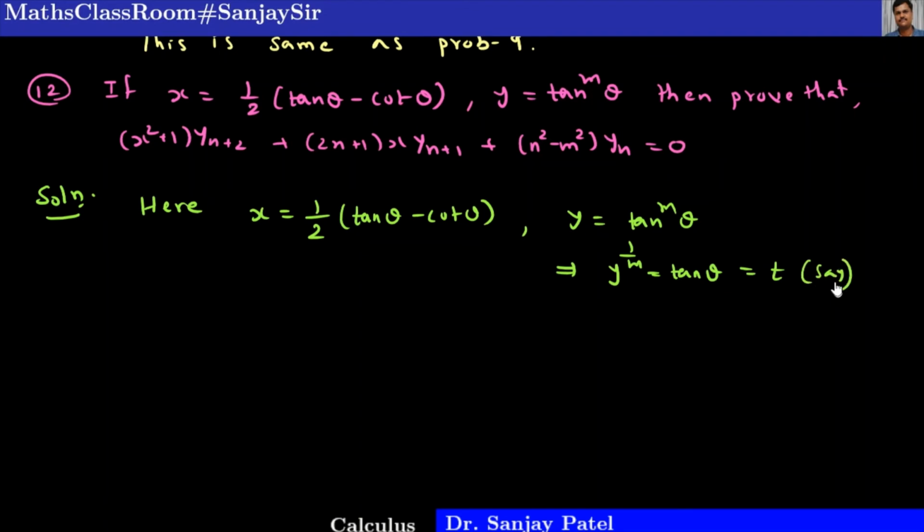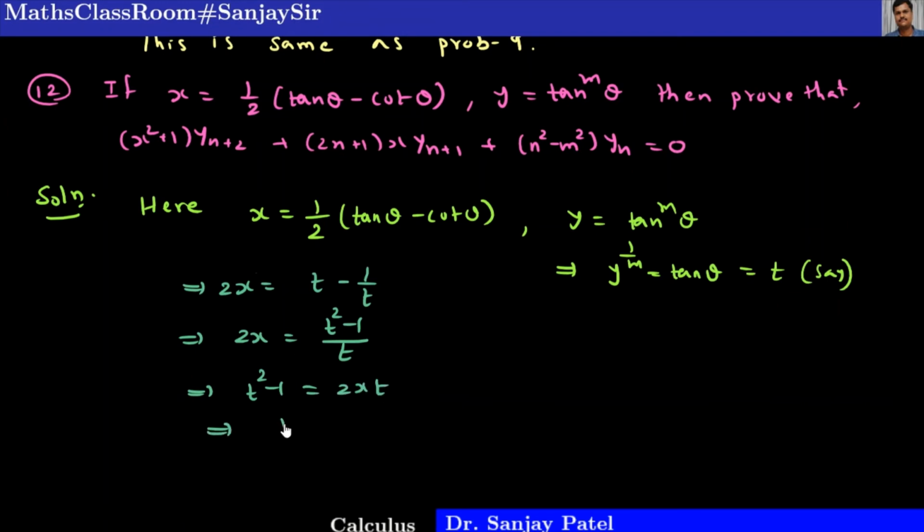And putting the value of this tan theta here, we get, let me write 2x is equal to, taking 2 on this side, tan theta is t, and cot theta means 1 upon tan theta, so it is minus 1 upon t. Simplifying, we get 2x is equal to t square minus 1 upon t, and again simplifying this, we get t square minus 1 is equal to 2xt, taking cross multiplication.